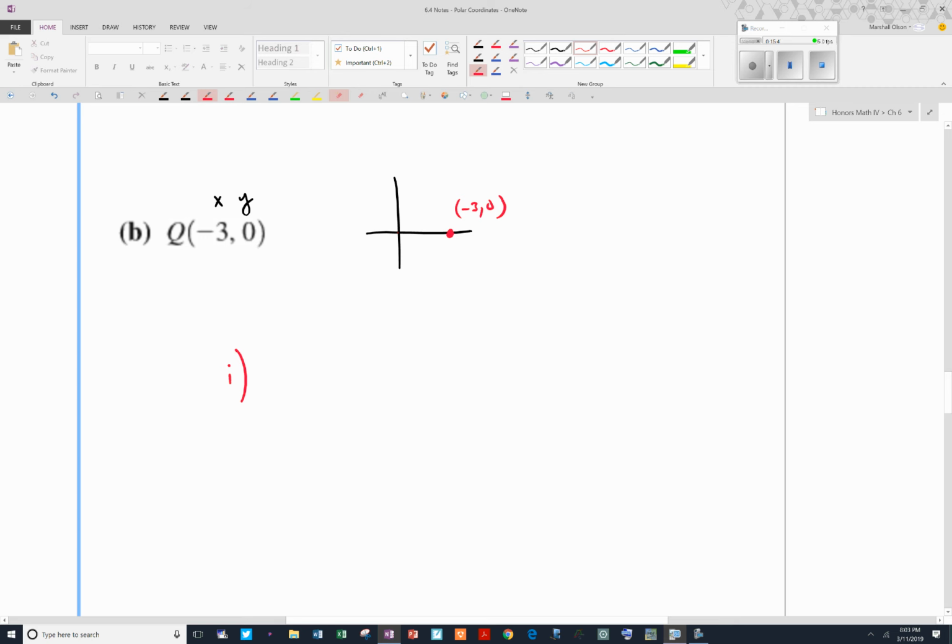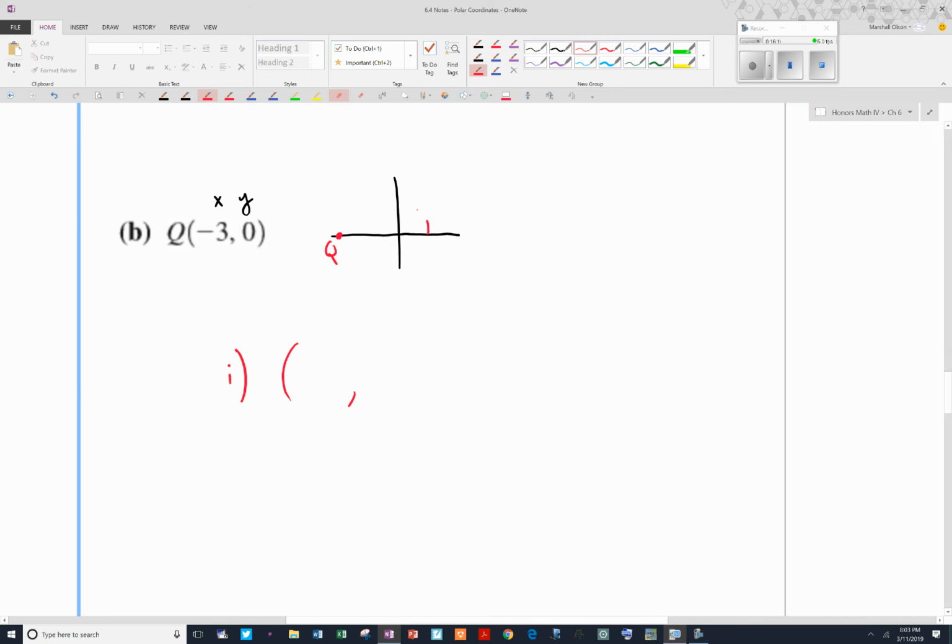Well, this angle right here is 0. It's 0 radians. So with an angle of 0, hold on. I'm glad I caught this now. Negative 3 comma 0 is over here. There we go. There's negative 3, 0. There's Q right there. Okay, so let's try this again.